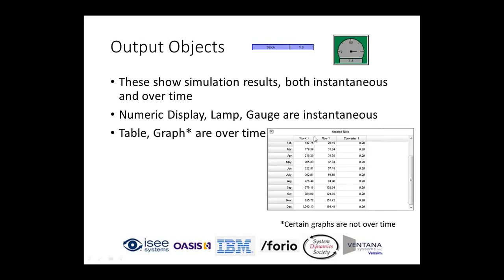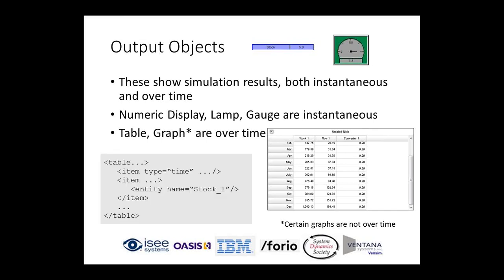We've got a table. It's got a couple of columns, many rows with time. Up here is where our numeric display is, as well as our gauge. A lamp kind of looks like a traffic light, for instance. And so this is the tag that we would use to represent this table. Inside of each table, we have items. The items represent either the columns or the rows, depending upon whether the table is vertical or horizontal.